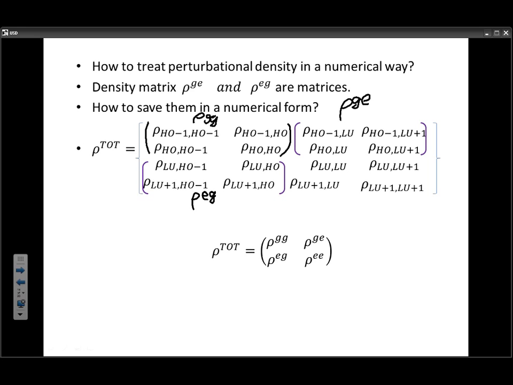OEC. Excuse me. Yeah. Why is that double notation in the like homo minus one, homo minus one? Why not just homo minus one? This is homo minus one, homo minus one, homo minus one, homo. What does that signify? Sorry, can you repeat the question?